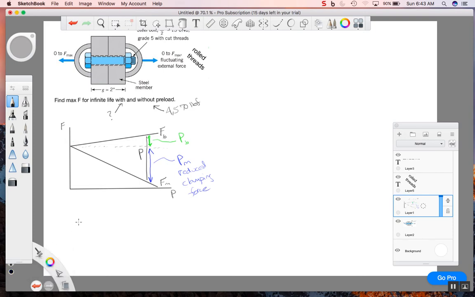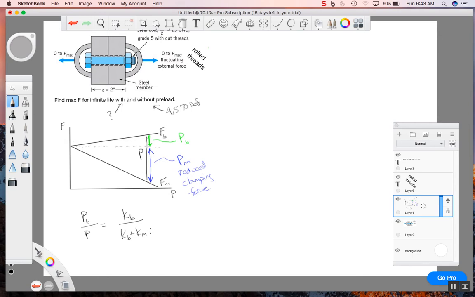Well, the big question is, what's the fraction of this over this? It turns out the fraction that the bolt picks up versus the total load, P_B over P, is how stiff the bolt is relative to everything else. So that's the stiffness of the bolt relative to the entire stiffness of the system, which is the stiffness of the bolt plus the stiffness of the clamped members.